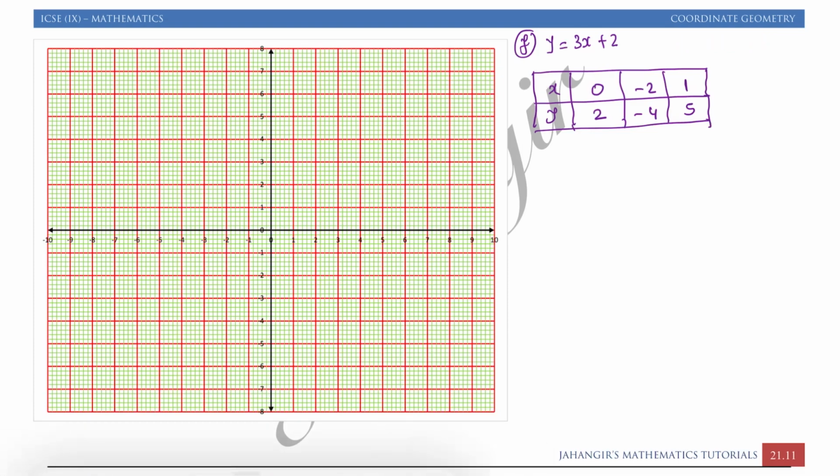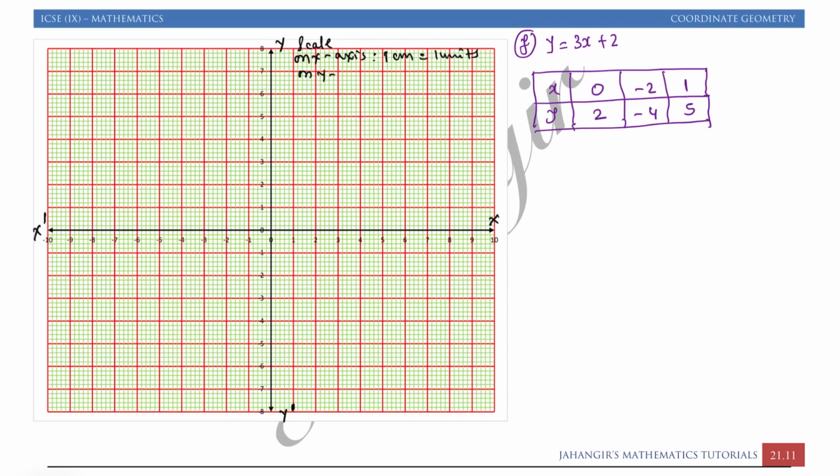So we have made this table, it is compulsory to make it on your answer sheet. Then let us write x-axis, y-axis, x dash, y dash. Write the scale. On the x-axis, 1 centimeter is equal to 1 unit.